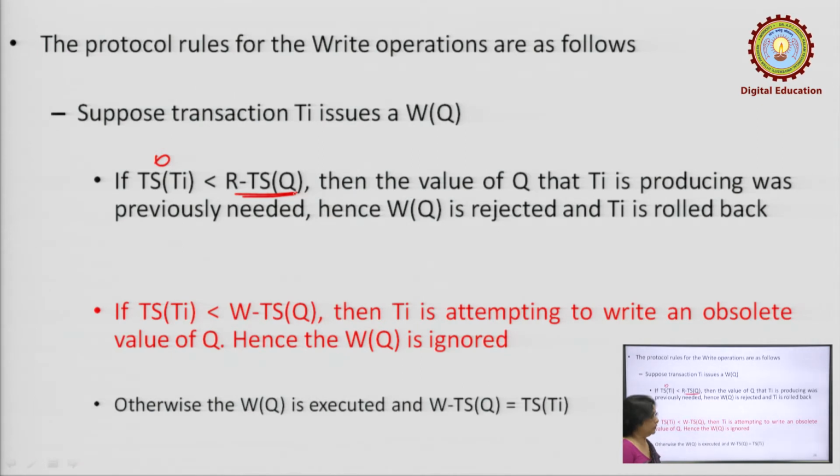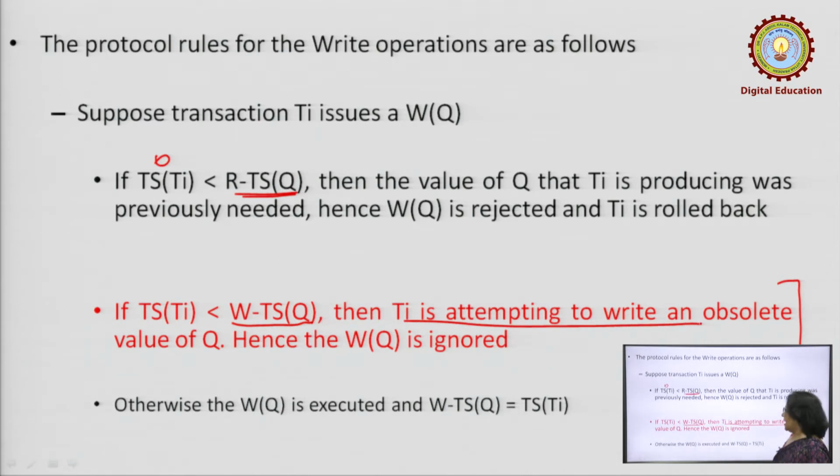This is the same as the timestamp ordering protocol. This is where the Thomas's write rule differs: if TS of Ti, an older transaction, is trying to update the value that has already been written by a newer transaction, then Ti is attempting to write an obsolete value of Q, hence it is ignored.